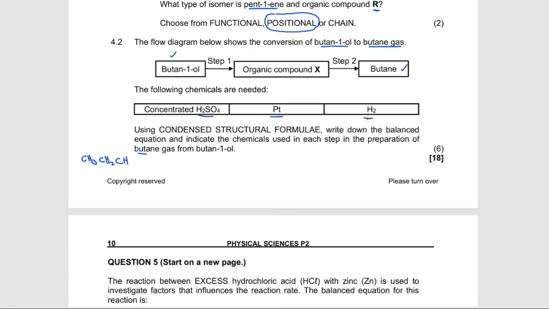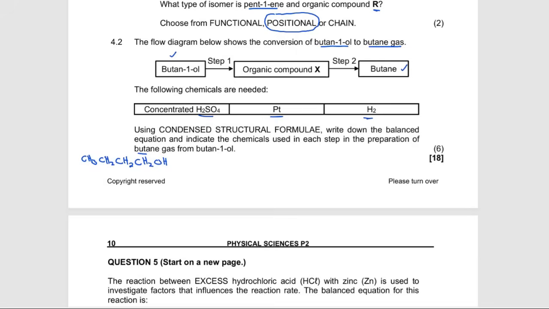It should have how many carbons? 4 carbons, right? So that's carbon 1, 2, 3, and then I'm going to add another CH2, then OH there, because it is an alcohol, right?